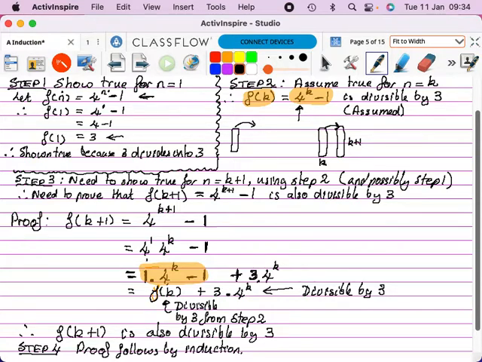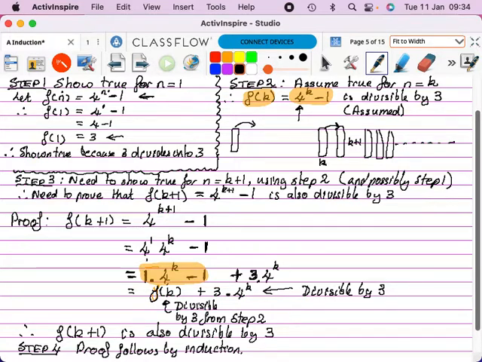And if it topples the next one, what happens then? It will topple all the dominoes. So therefore, it will continue to topple everything. Hence, the proof follows by induction.